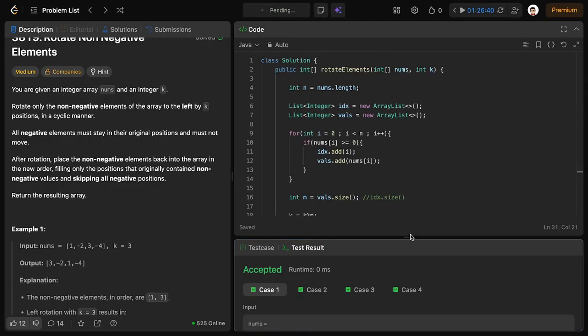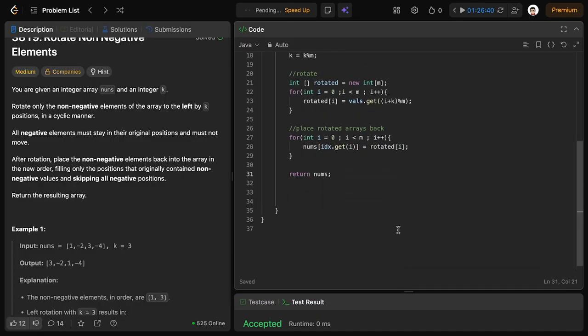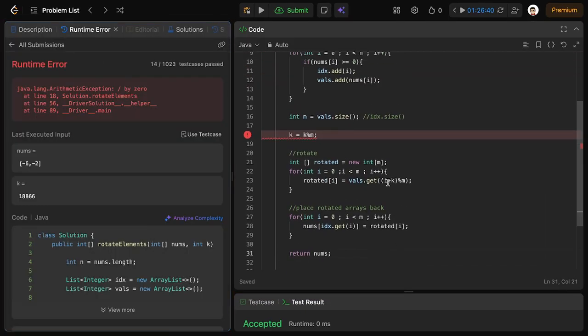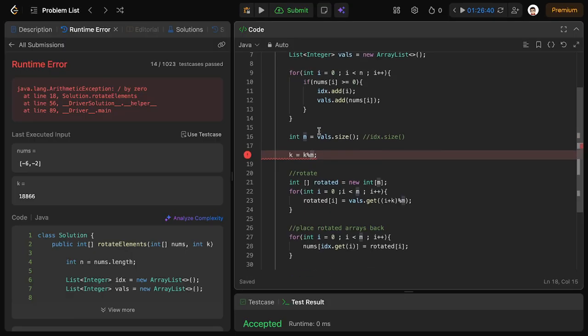Okay, that is all, I hope. Okay, it cannot be divided by 0. Okay, this is something new.